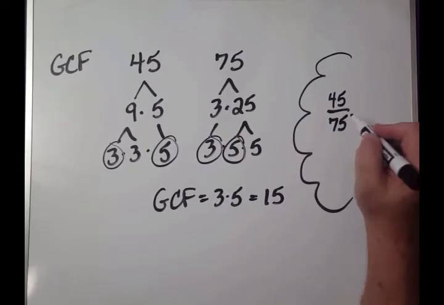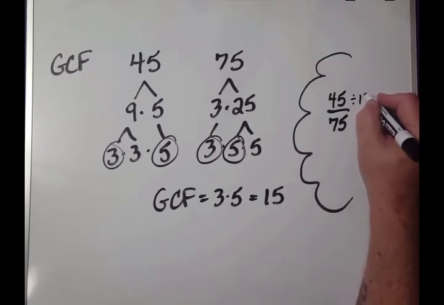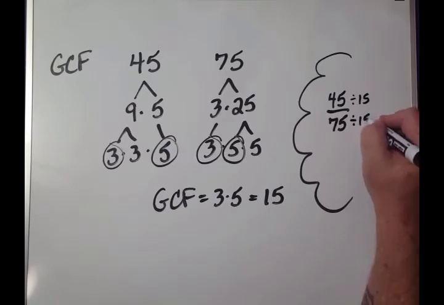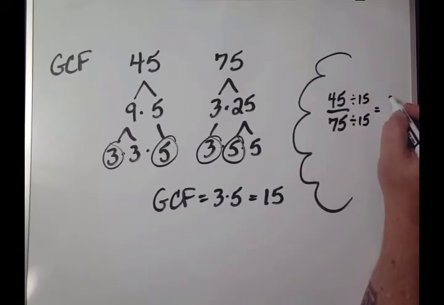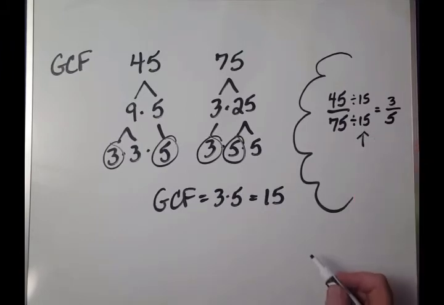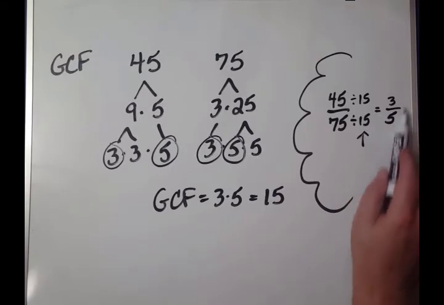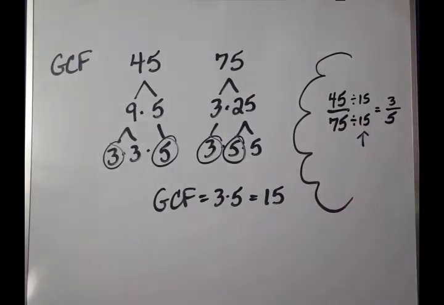But if I want to do it in a single step, what is the biggest number by which I can reduce this fraction? Turns out to be 15. That's the greatest common factor. If you can reduce that fraction in a single step and reduce it no further after that, that must have been the greatest common factor.